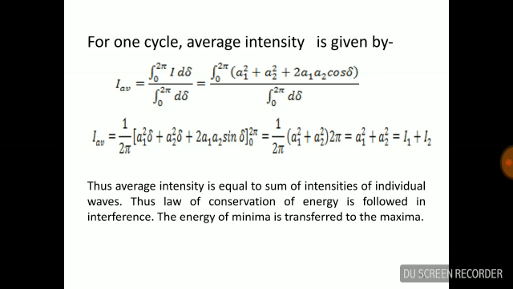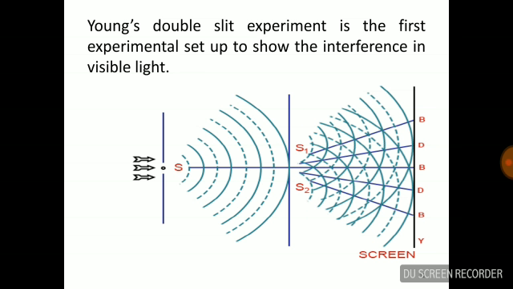For one complete cycle, the average intensity is given by this equation. After solving, we get I average equal to A1 square plus A2 square, equal to I1 plus I2. Thus, the average intensity is equal to the sum of intensities of the individual waves.